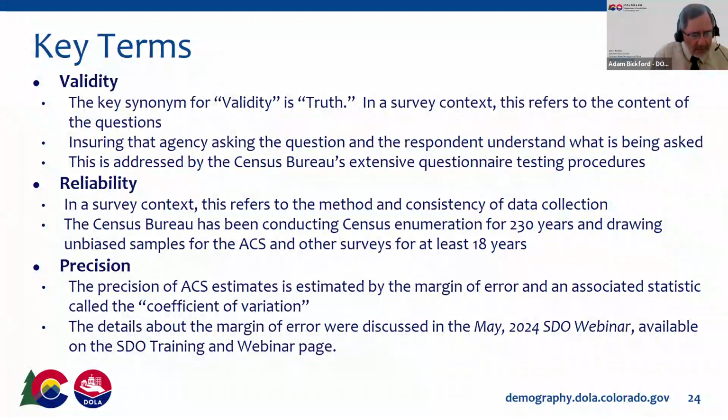One thing that does vary, however, is the precision of the estimates that they develop. We have the ability, luckily, to measure that precision by using the margin of error and the coefficient of variation, which is an associated statistic. This margin of error is always and only dependent upon the number of observations taken from a particular geography.